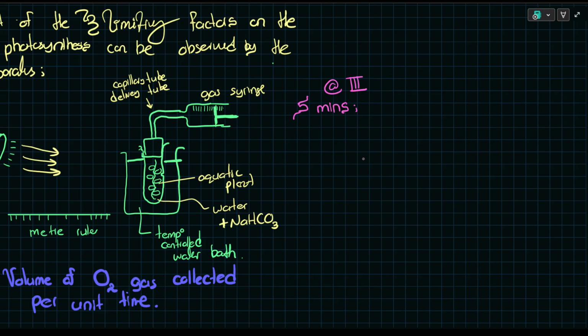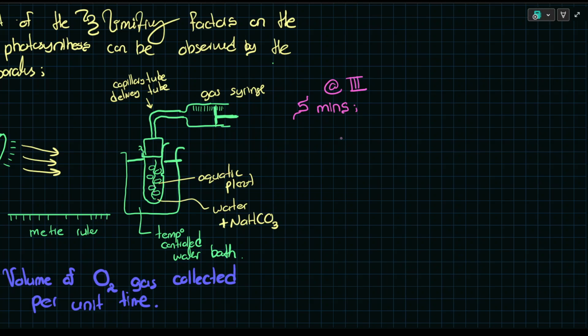And then I will be obtaining a certain set of results within this 5 minutes. So I'm just going to let it run. What happens is oxygen is produced, and oxygen is pushed through the capillary tube onto the gas syringe like so. The plunger is pushed. After that 5 minutes is up, I will look at this gas syringe in the proper way and take a reading.